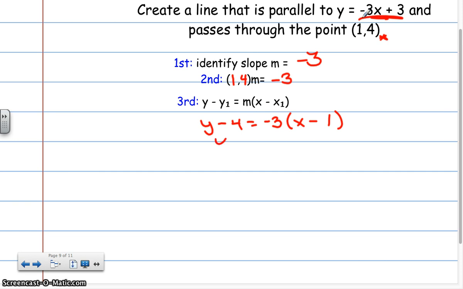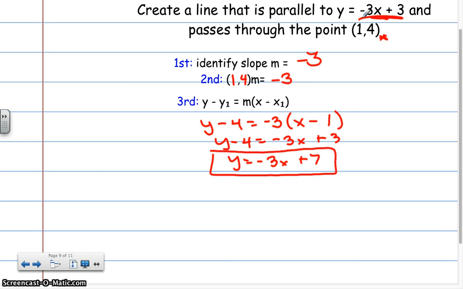Distribute. y minus 4 is equal to negative 3x plus 3, because negative 3 and the negative 1 turn to plus. Add 4, y equals negative 3x plus 7. That is the equation of my line.